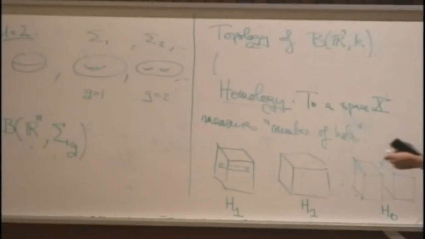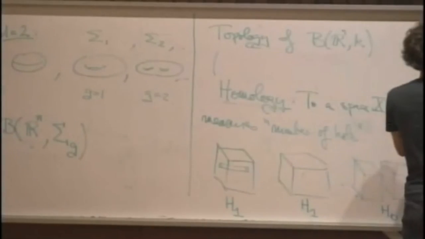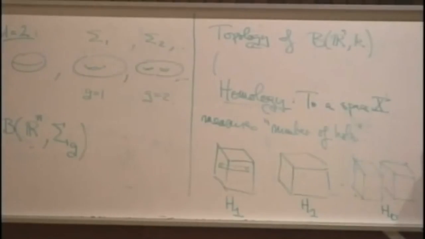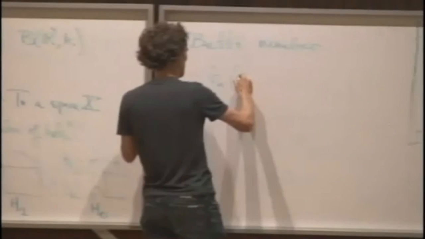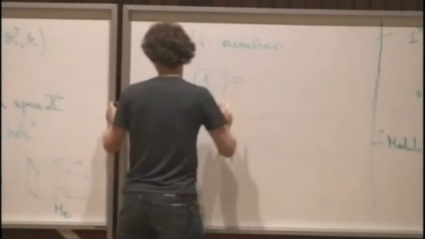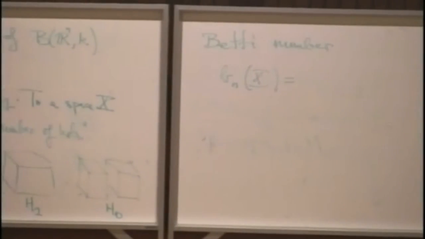There's an associated measure called Betti number. Well, I won't tell you the definition, but it's supposed to measure the number of n-dimensional holes.